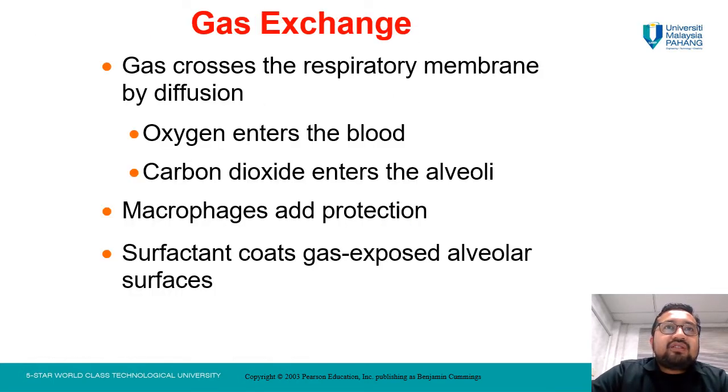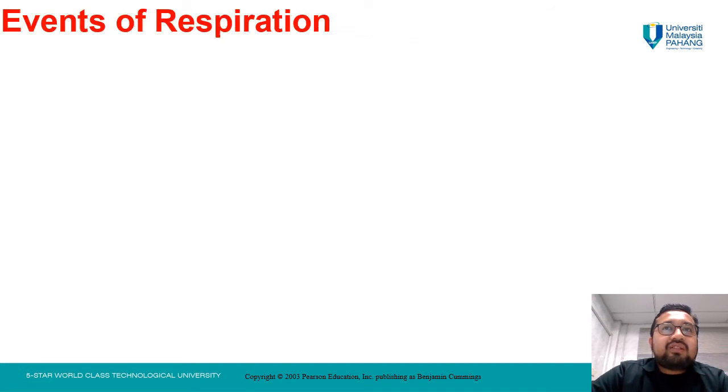So gas exchange, gas crosses the respiratory membrane by diffusion, oxygen enters the blood, carbon dioxide enters the alveoli. Okay, there is also macrophages there to add protection. Okay, and surfactant coats gas exposed alveolar surfaces.